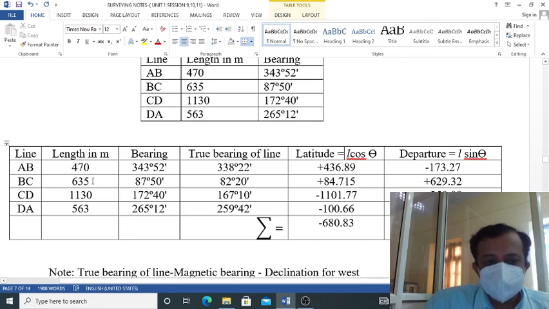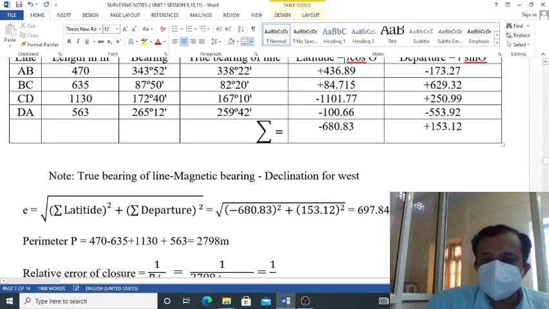Similarly, 635 into cos 87 degrees 50 minutes gives you 84.715. Like this you calculate the latitude and departure and take the algebraic sum of each. Here the algebraic sum of latitude is minus 680.83 and the algebraic sum of departure is plus 153.12.